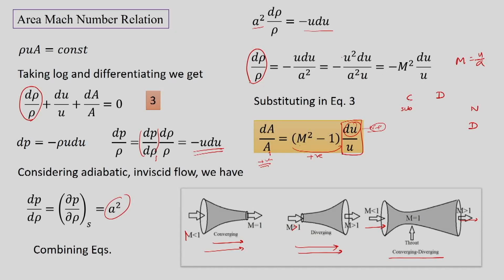So, in the subsonic flow, the converging section acts as nozzle, but in case of supersonic flow, the converging section acts as diffuser. In a similar line, supersonic flow acts as nozzle when we have a diverging section.